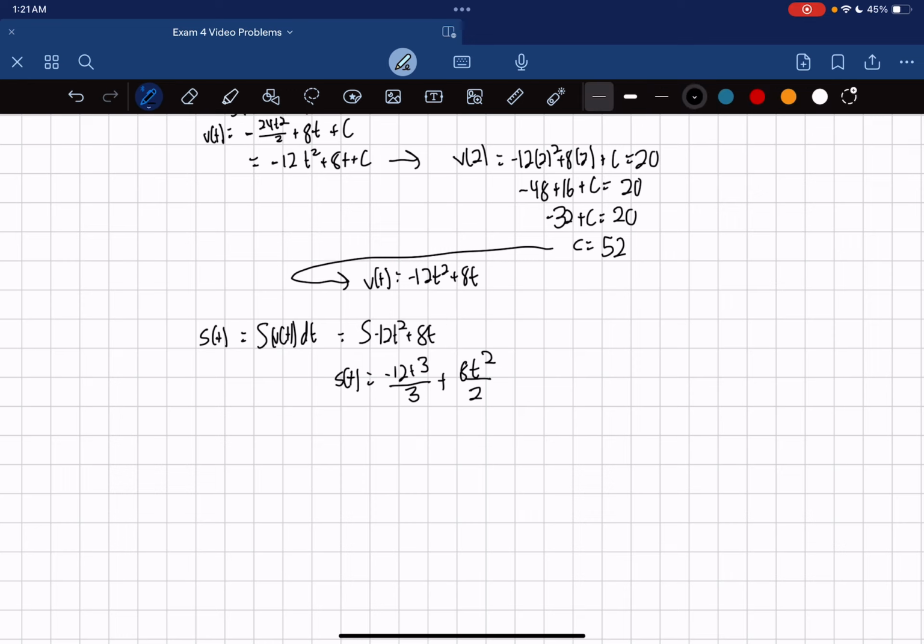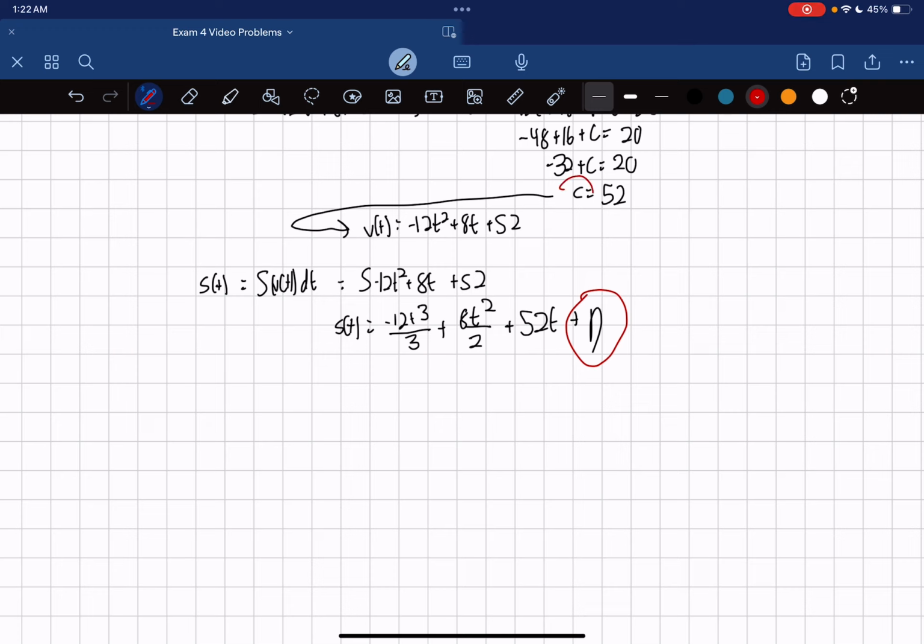Remember, our c is 52. So then, this will be 52t plus d. Remember that since this equation is different from velocity, we use the variable of d instead of c.